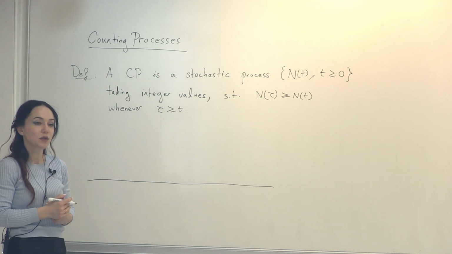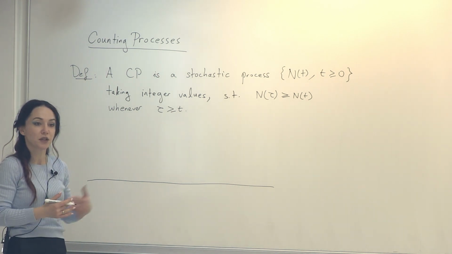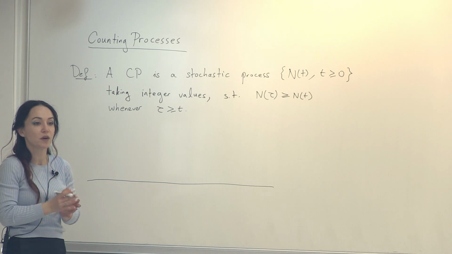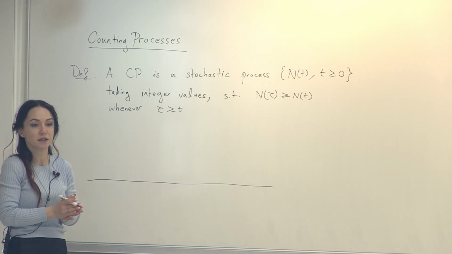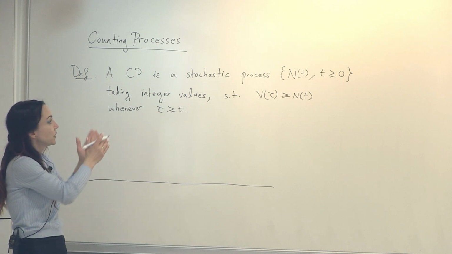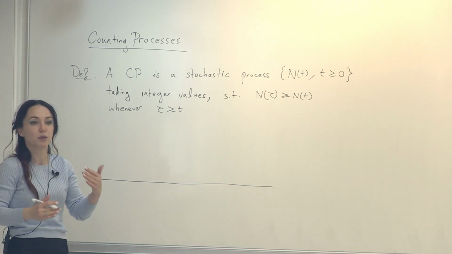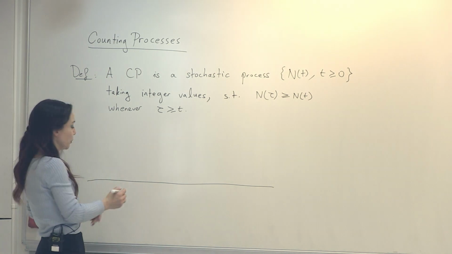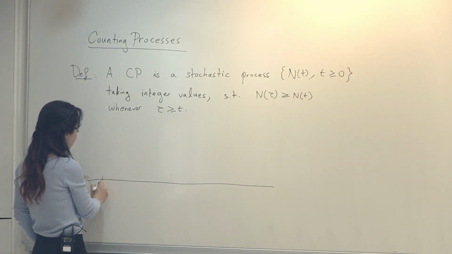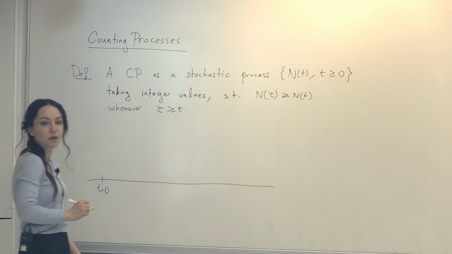But we will see in many counting process examples that we have, that the probability of getting two arrivals at the same instant is going to be 0. In that case, the value of the counting process N of t will increase one by one. So let's draw a sample path. Suppose, without loss of generality, really, we start time at 0.